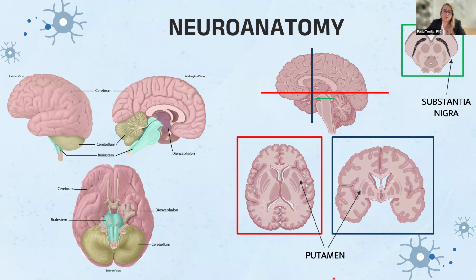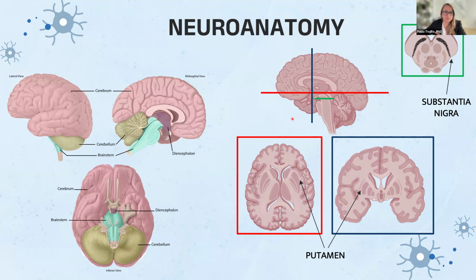Finally, the other important component of the brain that is affected in MSA is the basal ganglia. The basal ganglia is a group of structures deep in the brain. So here you can see where they are, more or less, where I'm pointing with the cursor. This is a group of structures that help control movement.